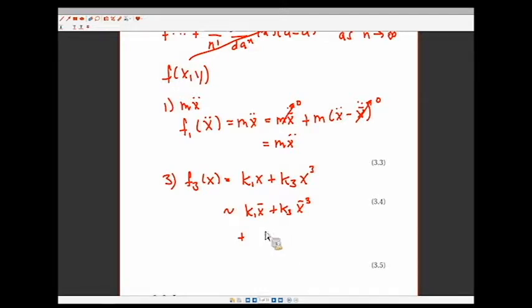With respect to x, I get k1 plus 3 k3 x squared. Now keep in mind I have to evaluate this at the operating point, so this is x bar, and then x minus x bar. Okay. Any questions why I did that?